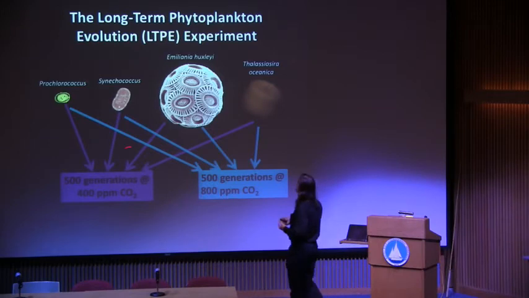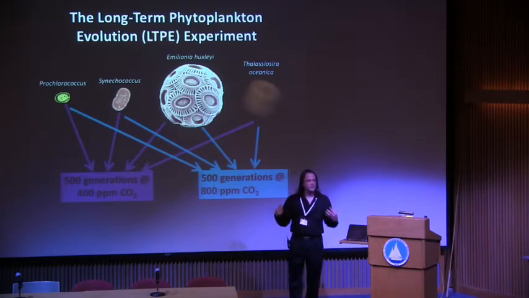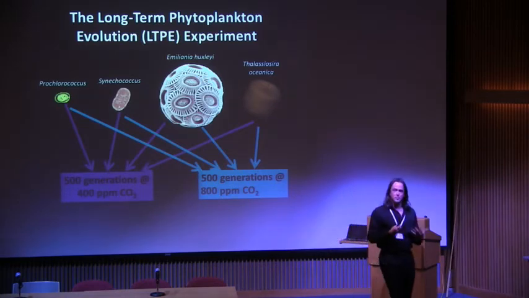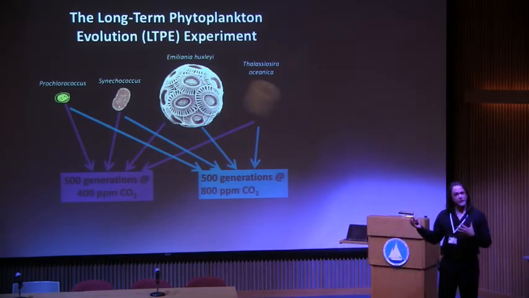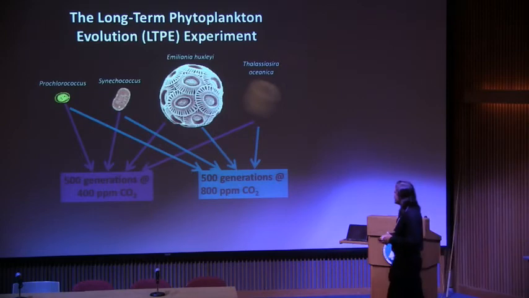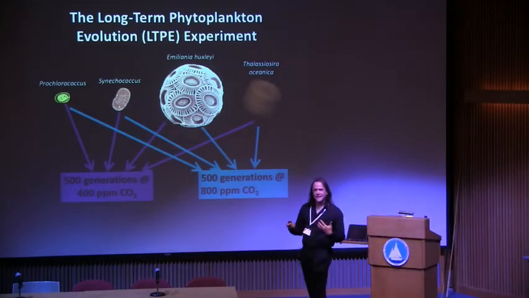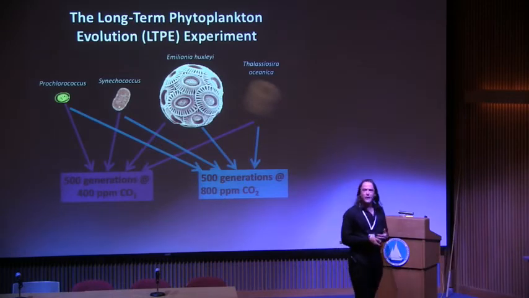And the idea originally when we started this experiment was just to look at the pace of adaptation of these different taxa, which have different baseline responses to CO2, to look at their different adaptation rates to the changed CO2 environment, and to see also if there are any secondary phenotypes that changed as well.